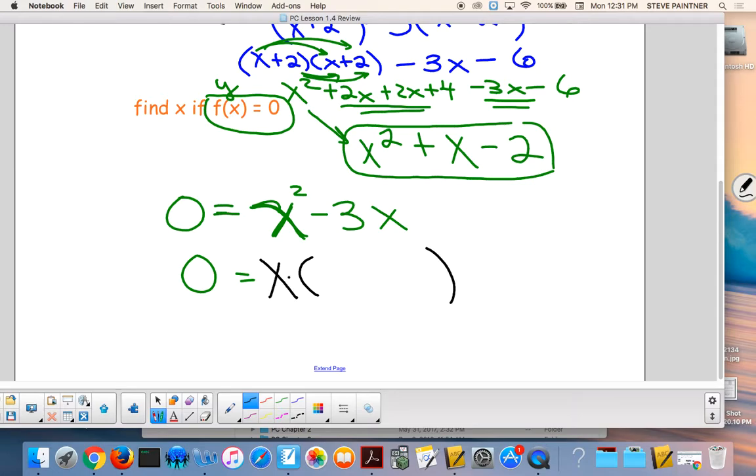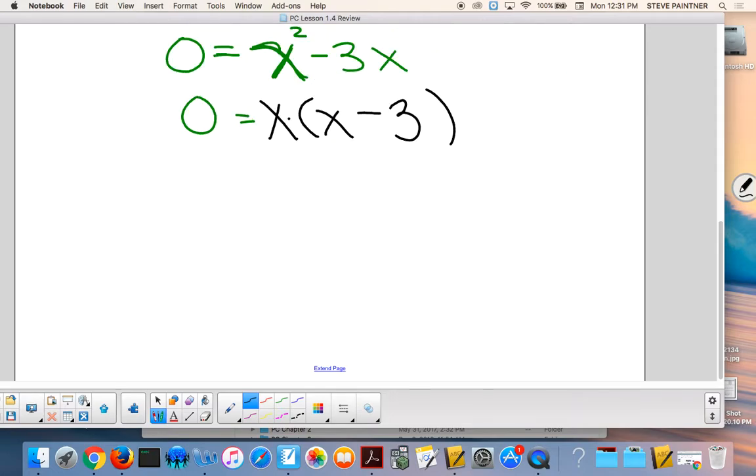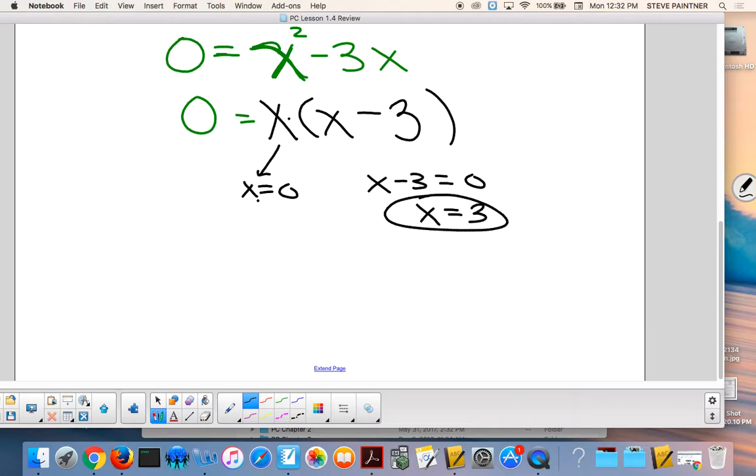They don't share numbers. So what's left? And then you're saying, when will this times this be 0? Set them both equal to 0, and you get 3 and 0.